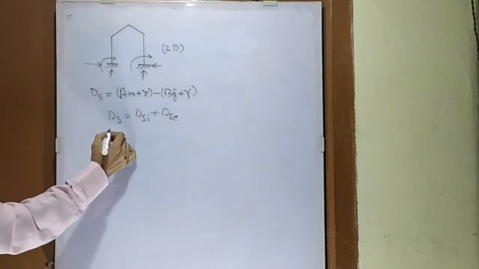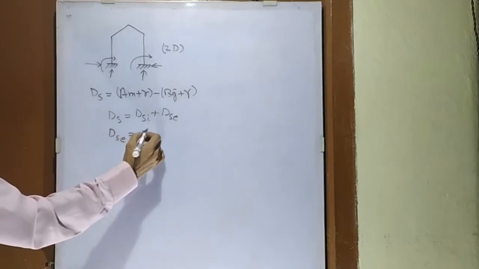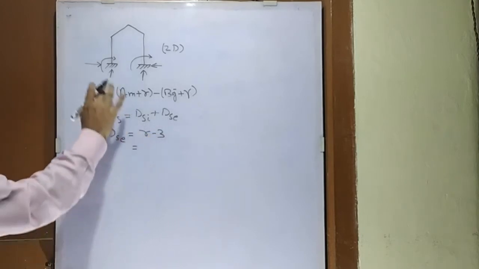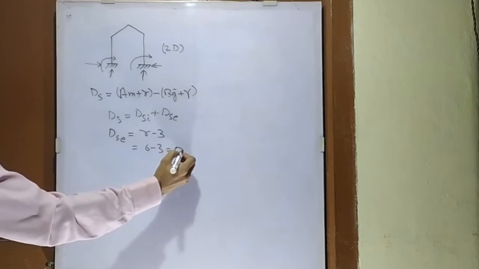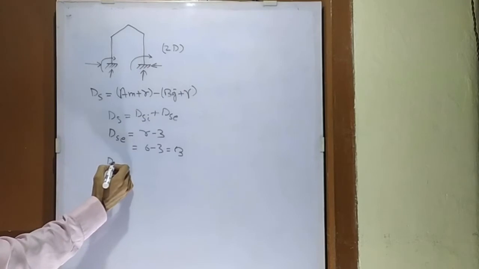And what is the value of DSE? So in a 2D structure DSE is equal to r minus 3. What was the value of r? 3 plus 3 is 6, 6 minus 3, this is 3. So after putting DSE in this formula we can count DS.